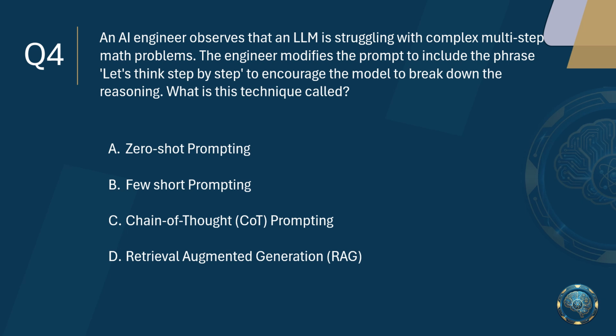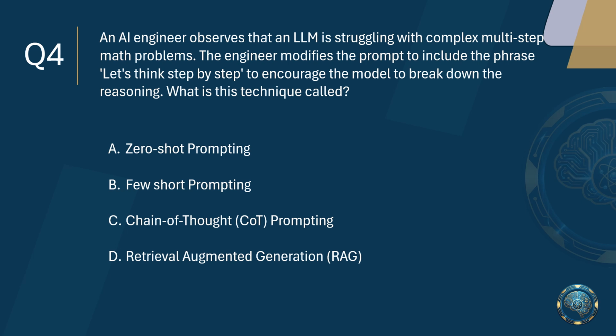Step 2 process. Step 1, identify keywords in the question. Step 2, eliminate the wrong answers. Let us do the step 1. An AI engineer observes that LLM is struggling with a complex multi-step math problem. I don't see any keyword here. It's just a story.